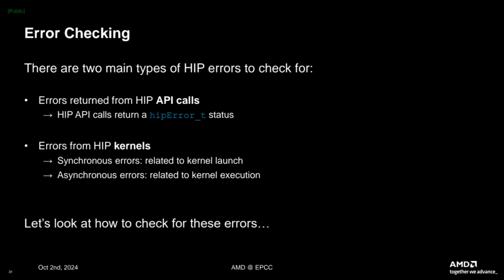So we're gonna create a macro and then basically put it around every heap API call. For kernels, it's a little bit trickier because, as we said, they do not have a return value, so we just have to be a little more careful with those. So just let's see how we do that.